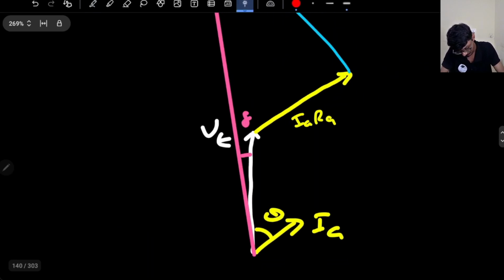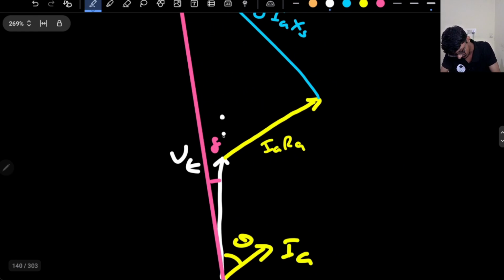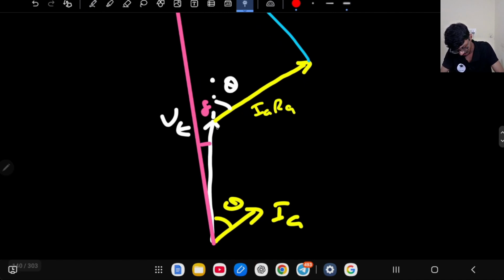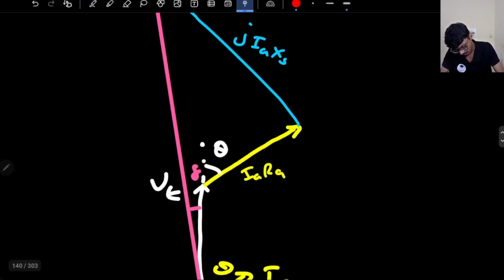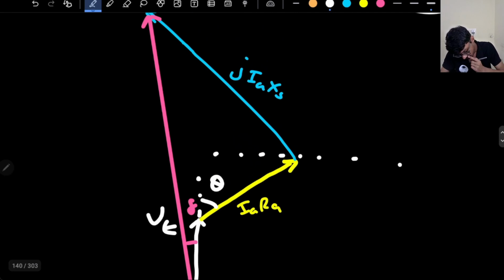This is delta, and this is theta. If this is theta, that means this angle also will be theta, since they are parallel and this is a straight line. If I draw a straight line over here, this is theta and this will be 90.